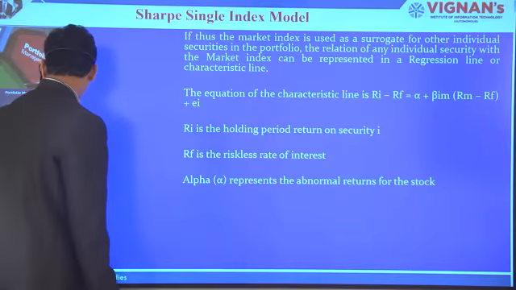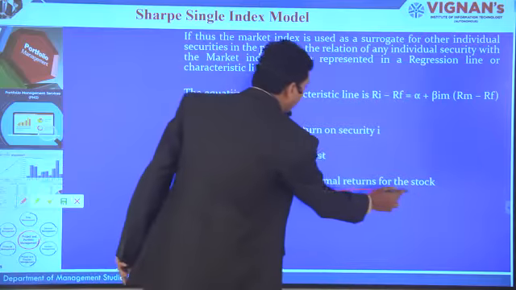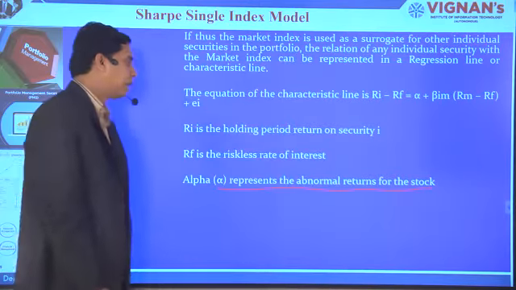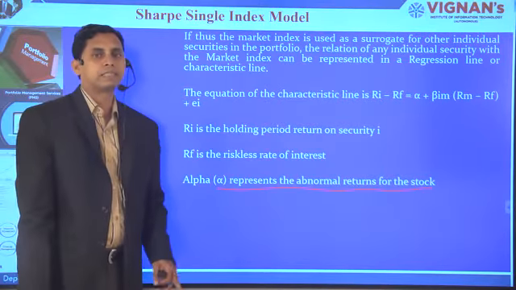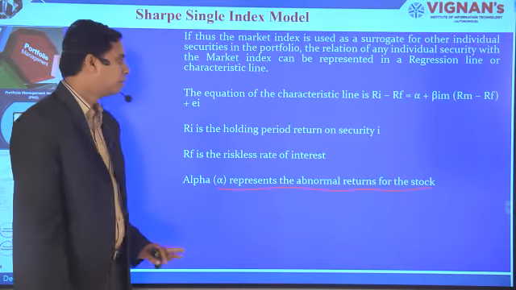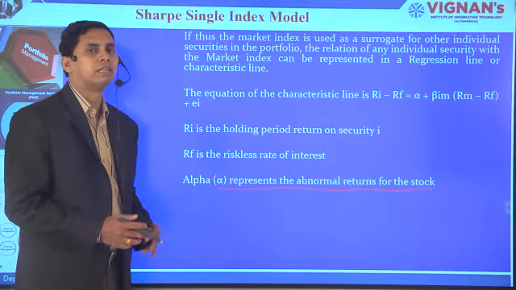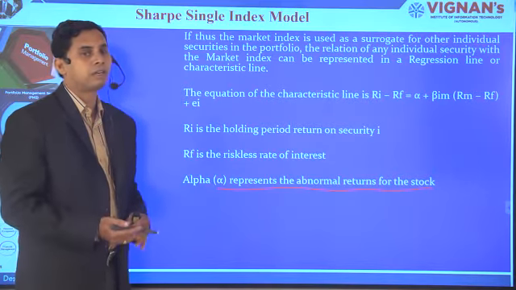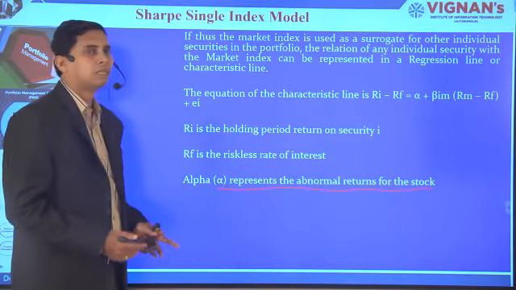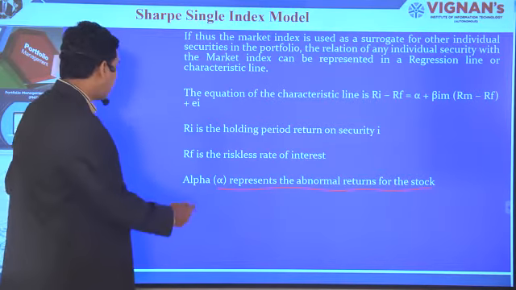The next one is alpha. Alpha represents the abnormal returns for a stock. Abnormal returns occur when the portfolio or stock performs due to various other reasons, like its own performance or other impacts on the stock. This return is alpha.